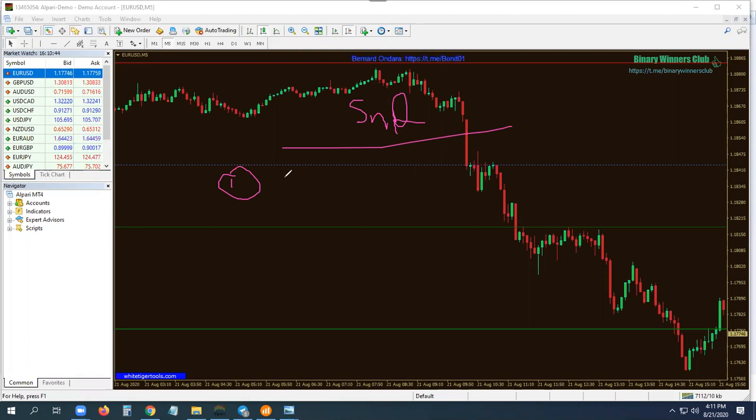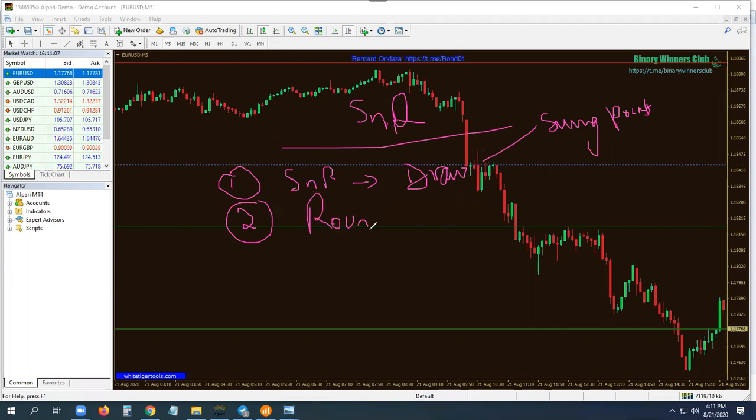There are those support and resistance levels that you draw from swing highs or swing points. There are those support and resistance we use, which are round numbers. Round numbers can be used as support and resistance.